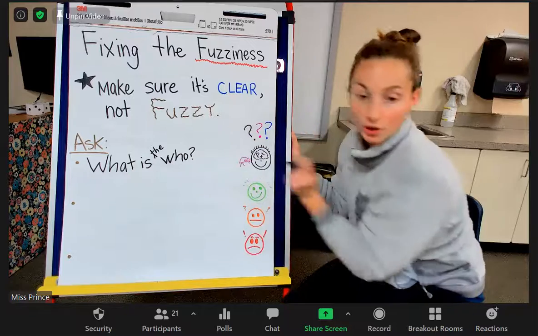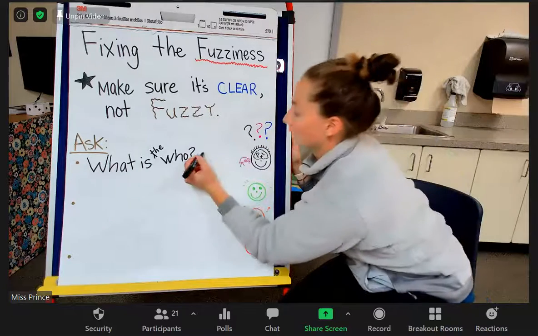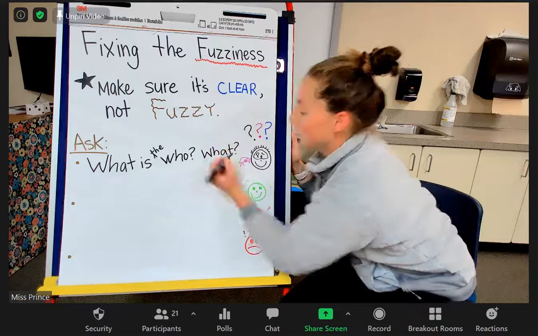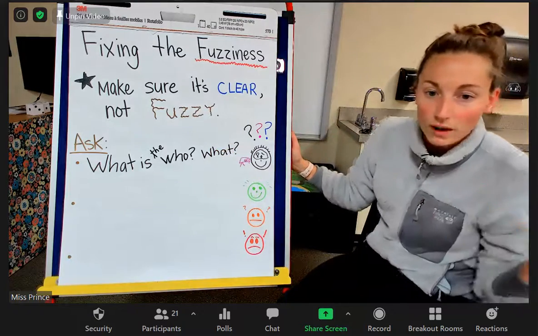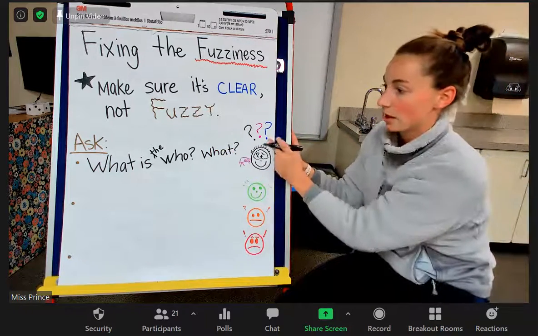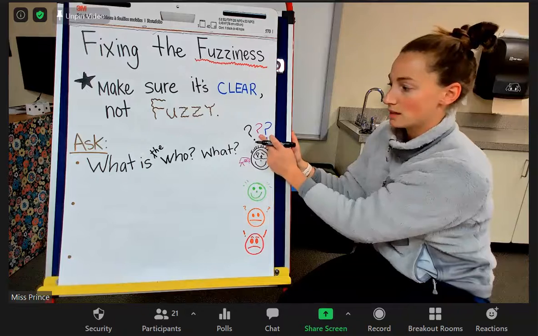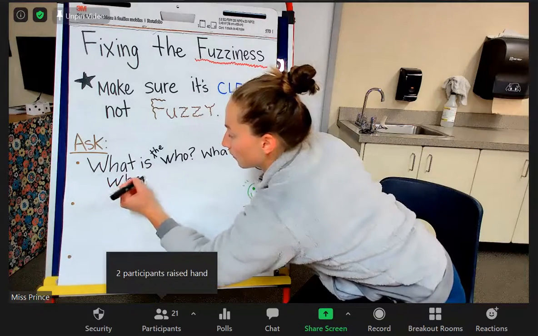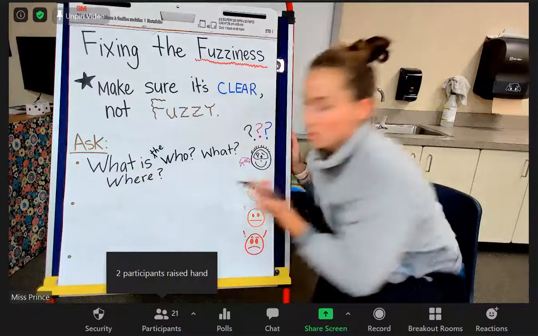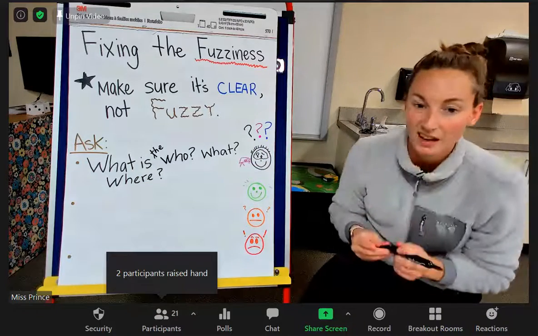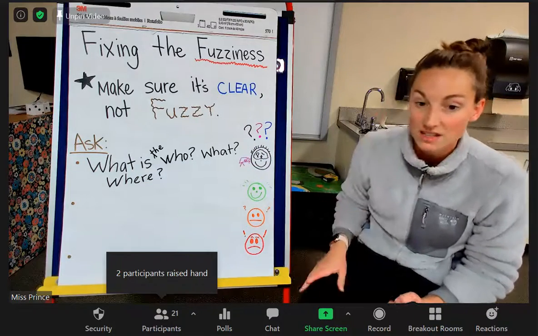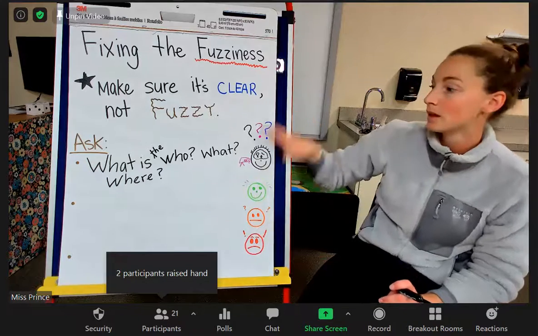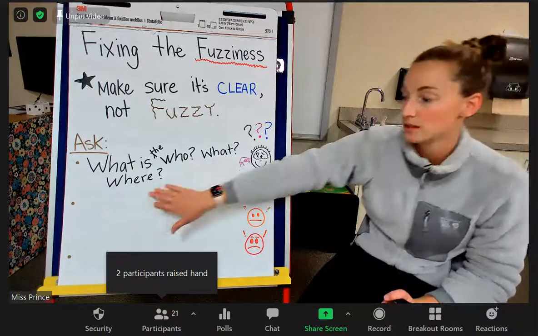What is the what? And we also want to know where it's taking place. So I have all these question marks. What is the who, what, and where? So those are 3 questions you want to ask yourself while you're reading. If any of those questions are fuzzy, you want to go back and try and figure out what it means.